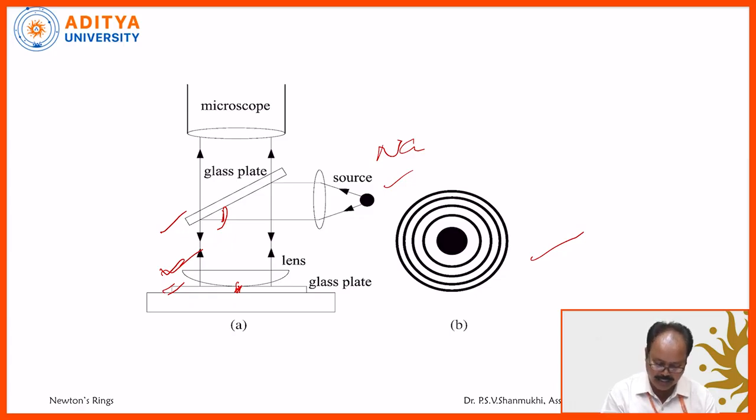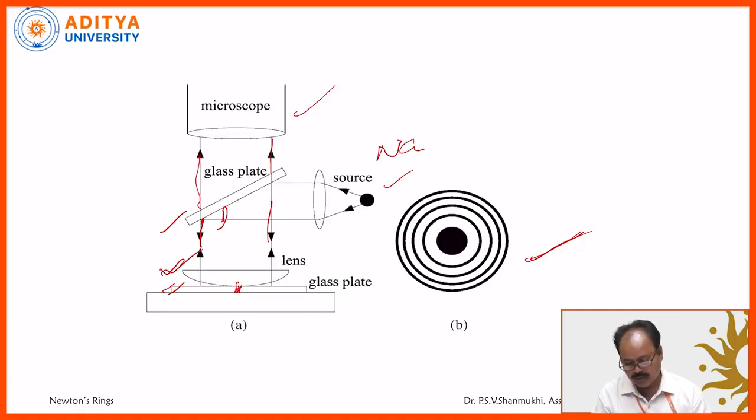Later, the light rays will be incident normally on the lens system. They will be reflected back and seen through the travelling microscope. Through the travelling microscope, we can see the interference pattern containing dark and bright rings with a central dark spot.